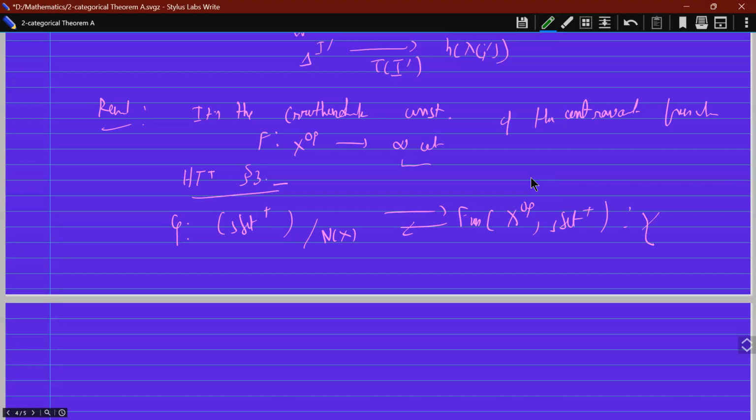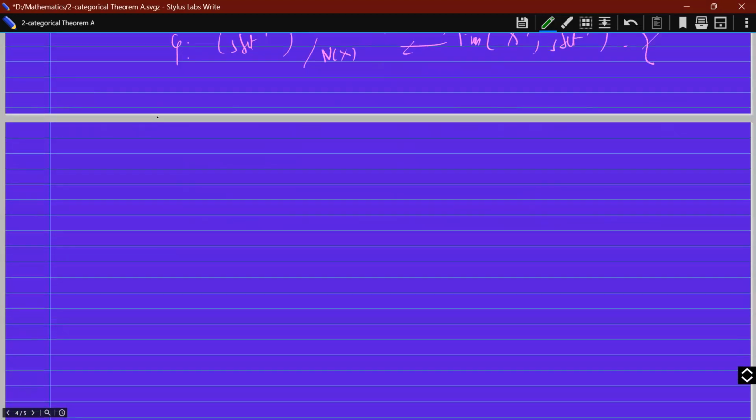The thing is that upon passing to infinity categorical localizations, we get a way to identify the infinity category. Let me write it down properly.